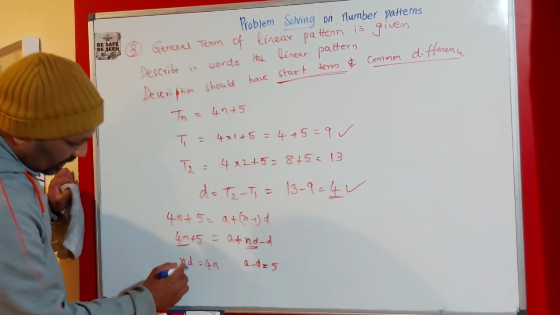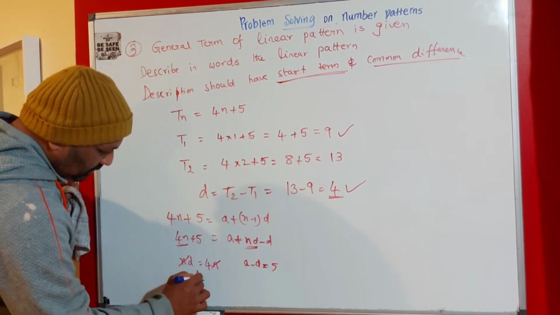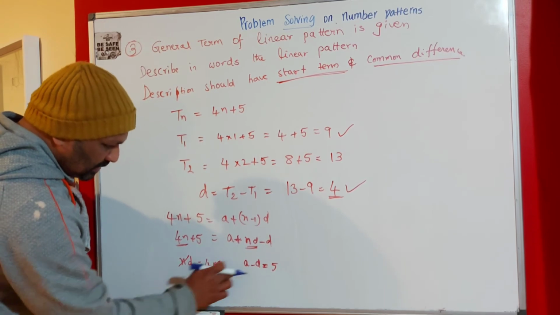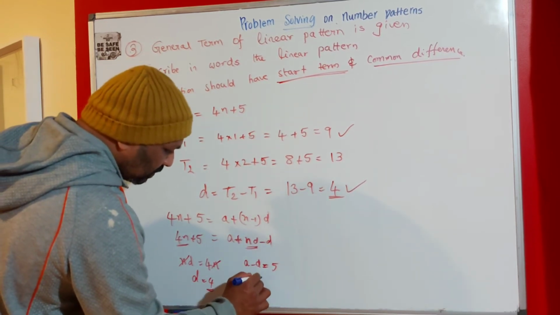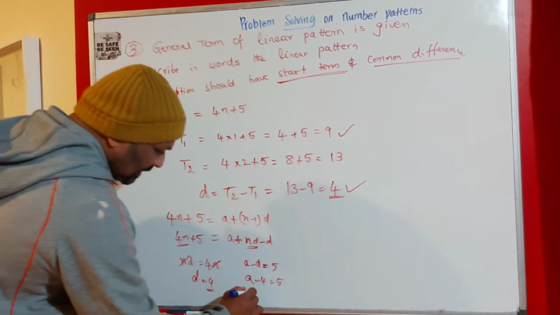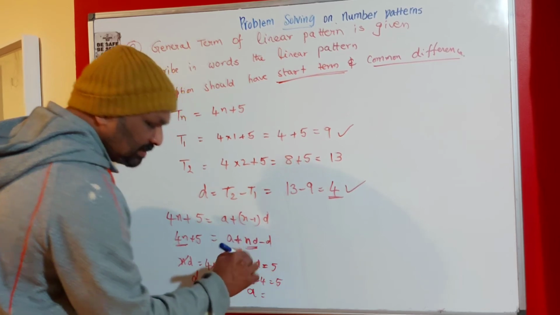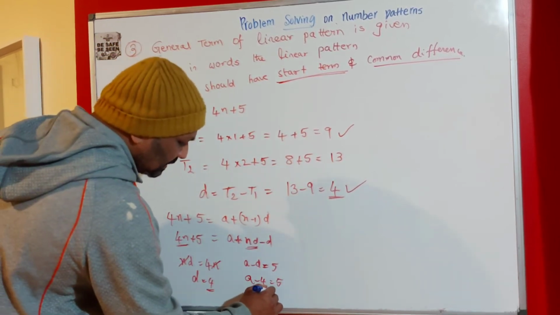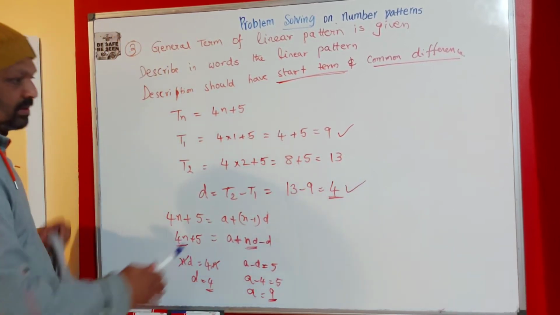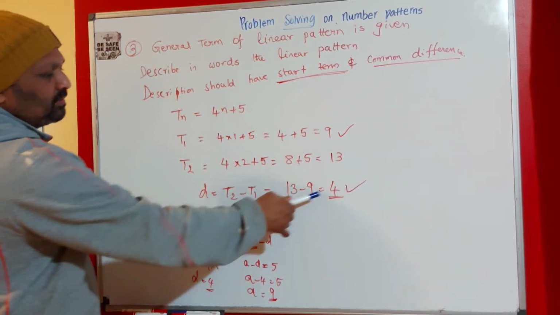Using this, n gets cancelled and d is 4. Substitute this here: a minus 4 is equal to 5. What is a? If minus 4 goes to the other side, it becomes plus 4. 5 plus 4 is 9. See here, we got the same answer: a as 9 and d as 4.